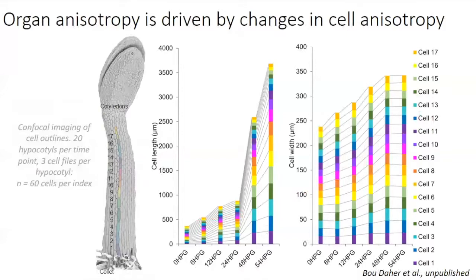And that allows us to look at elongating and non-elongating cells, or fast and slowly elongating cells, at the same time. So what's over here is the first real measurements of width that are happening at the same time. And what you can see is that the change in width doesn't show that acropetal wave. The cells are expanding in width very slowly.